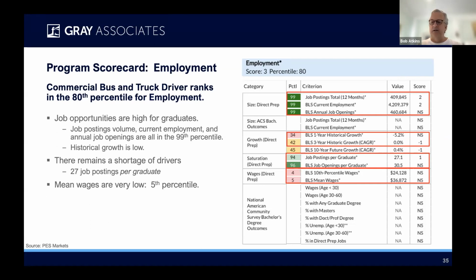That makes the job opening gap not surprising, because folks want to hire people, but they don't actually want to pay them. You can see the 10th percentile wage here is $24,000, not a whole lot above minimum wage. And the mean wage is $36,000 to $37,000, which is the 5th percentile wage in the United States. So from a compensation standpoint, it's not a very attractive field at all, but it is a place to get a start.